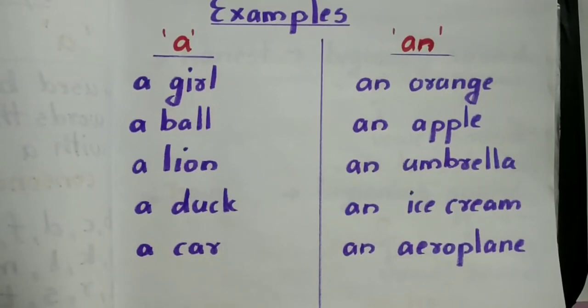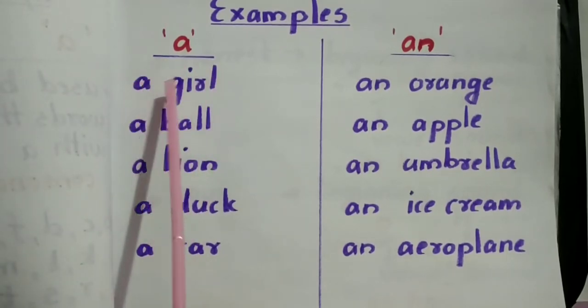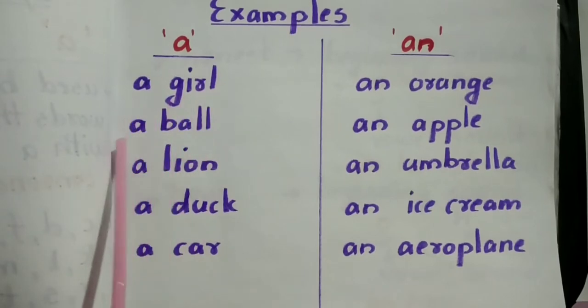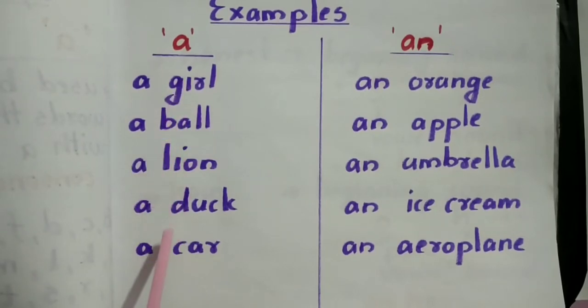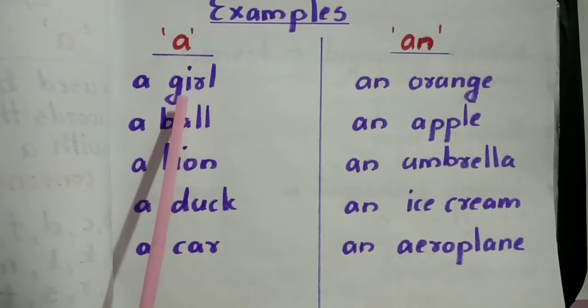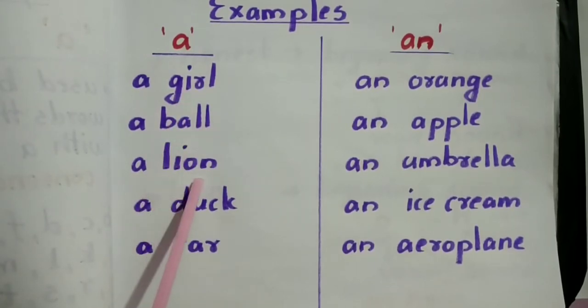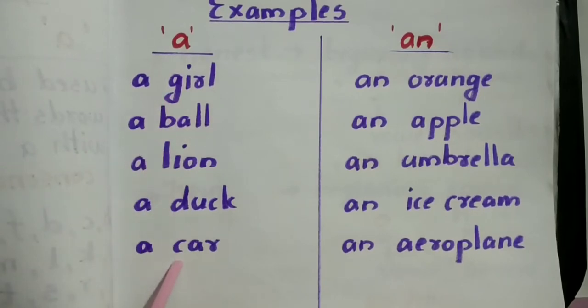See here, we have a girl, a ball, a lion, a duck, a car. All these are consonant letters and consonant sounds. So we use a with all these words.